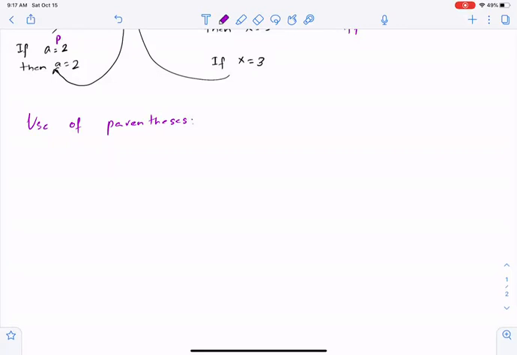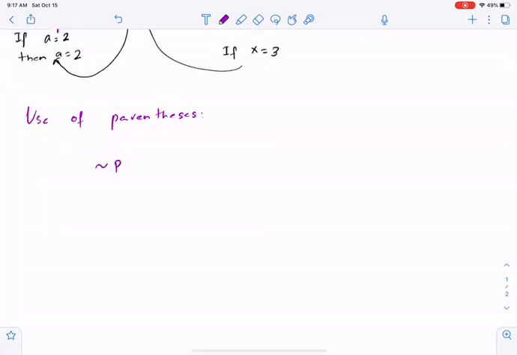Take this case. Negate P or Q. Negate P or Q entirely.